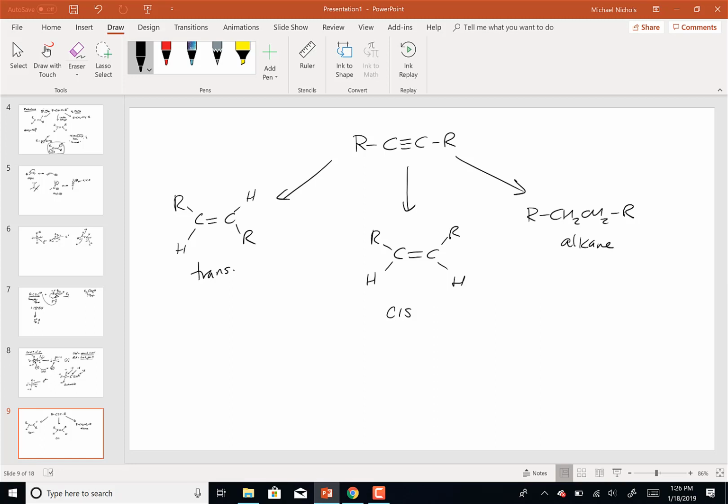If I want to take a double bond and I would like to add 2 hydrogens to it in order to reduce that double bond, I used hydrogen and what reagent? It's a metal.